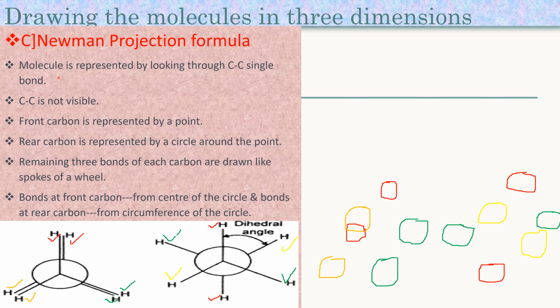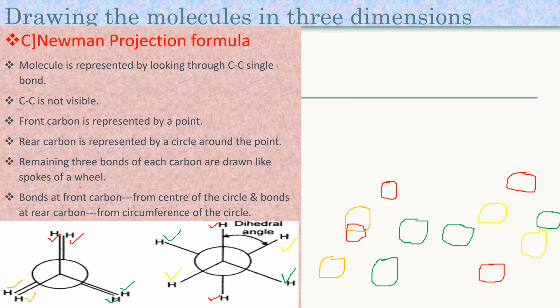For example, if you take the example of ethane, CH3CH3, in the diagram you can see, if we look from any one carbon atom to the other carbon atom through the single bond, then we will be able to see clearly only the front side carbon atom and not the back side carbon atom. This carbon-carbon single bond will not be visible.